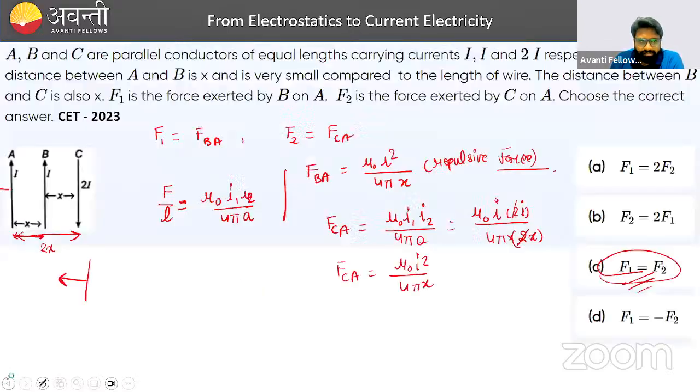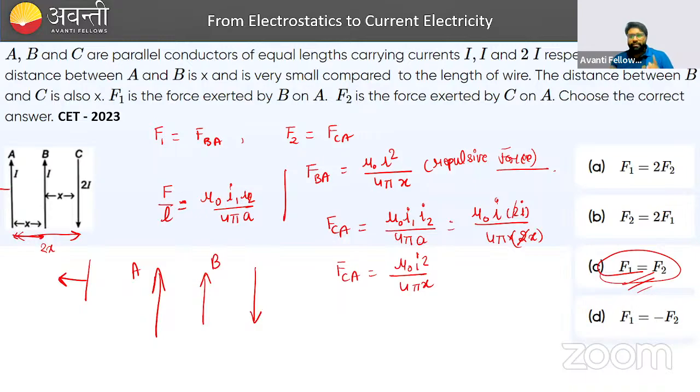Now in this question, if you see the direction only, the current is moving up in A, moving up in B, and moving down in C. Between A and B, if you want to calculate the force applied by B on A, you have to calculate the magnetic field of B at A, and it comes out to be outward by the direction rule.